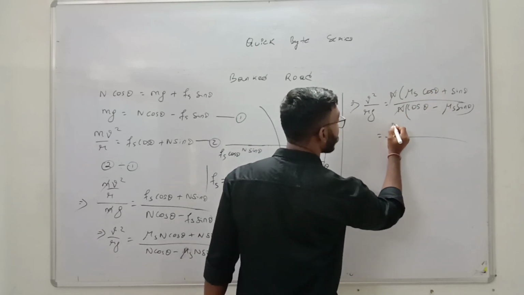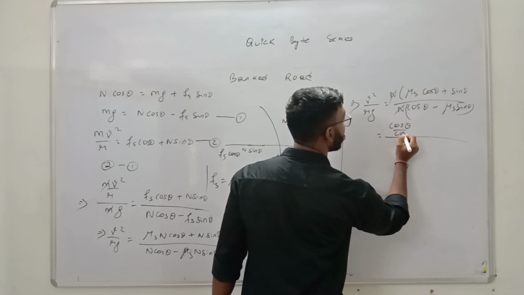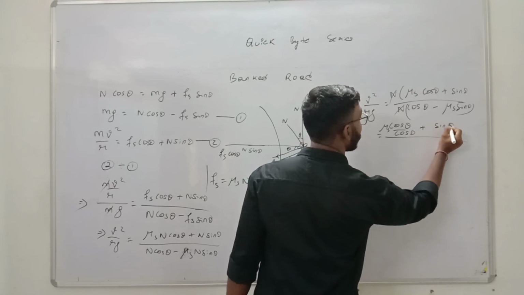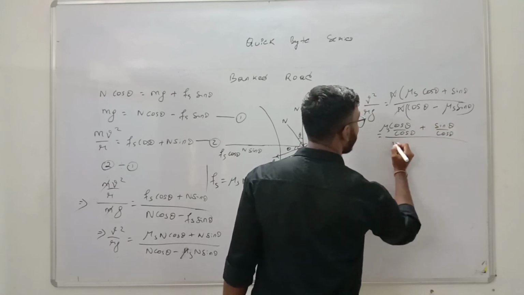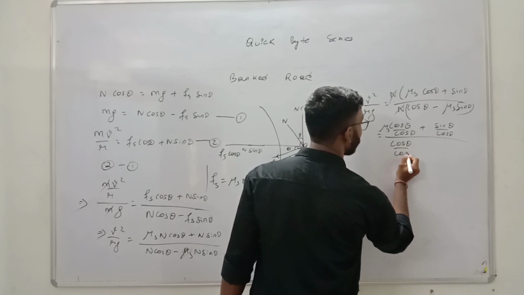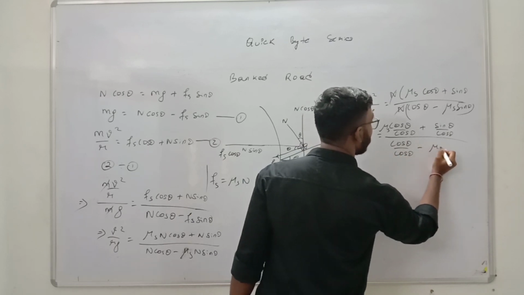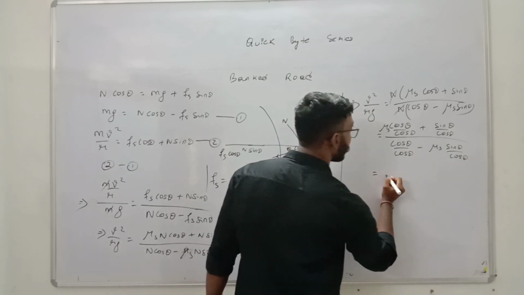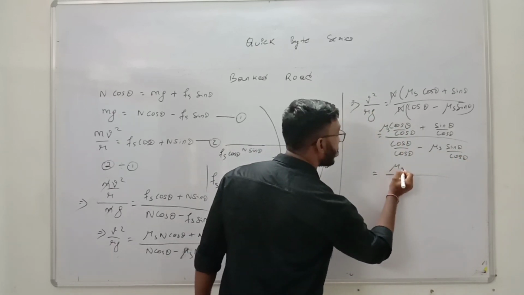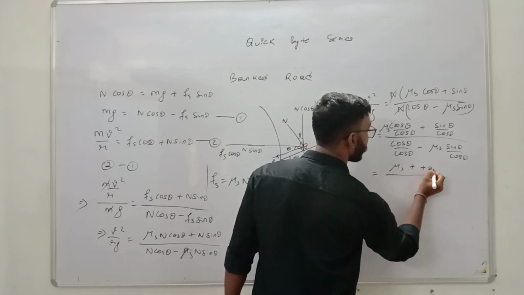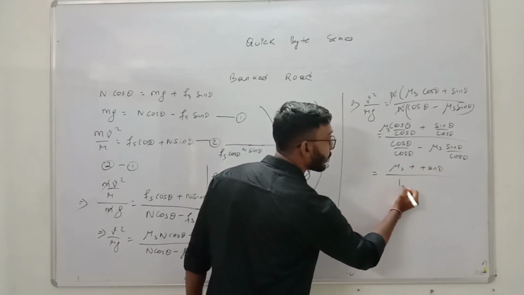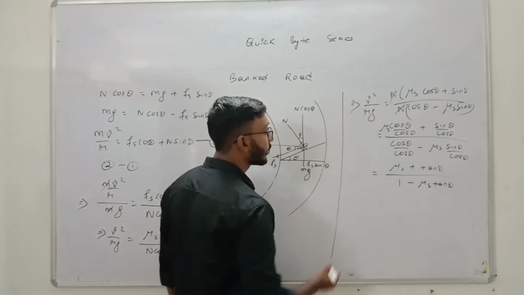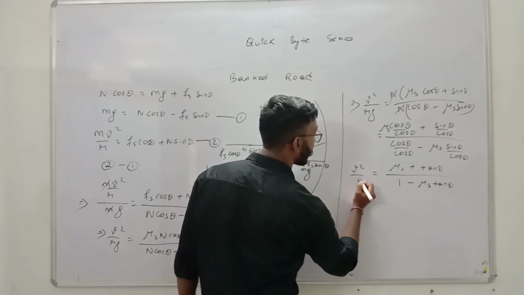We will get mu s plus sin theta by cos theta, and here cos theta by cos theta minus mu s sin theta by cos theta. So we will get mu s plus tan theta over 1 minus mu s tan theta. On the left side it is v square by Rg.